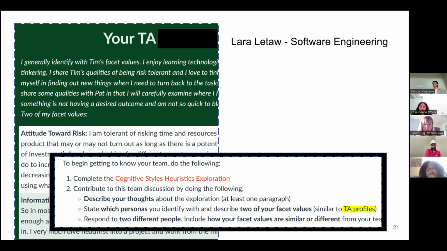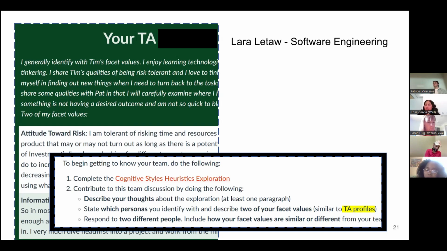Another thing that Lara did was to include this in orange here. You see she has it titled Cognitive Style Heuristics Exploration. There's a set of heuristics for GenderMag, and she included those instead of including the full GenderMag walkthrough, so a smaller piece of GenderMag content than the whole method.